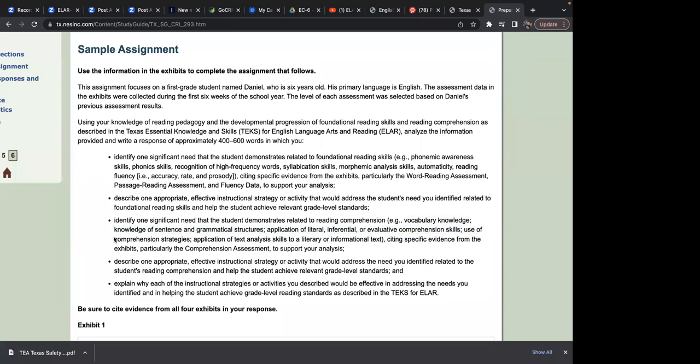Use of comprehension skills. This is for the second leg of the written portion. Application of text analysis skills to literary or informational text. So the text analysis skills, we know that there are particular characteristics in cause and effect papers, right?